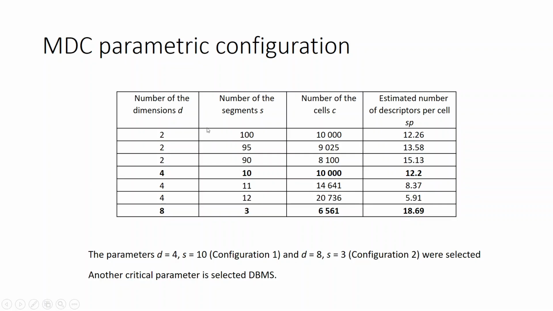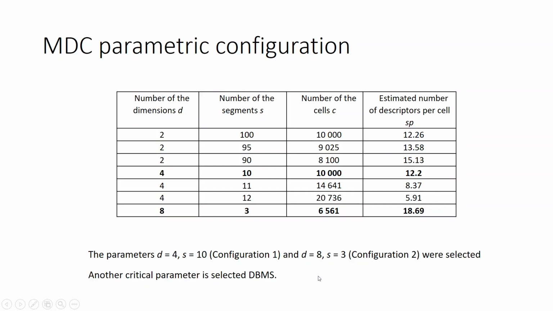This is done programmatically, so the expert only needs to choose the value from this column. For these experiments we chose two configurations, as you can see here, and another critical parameter is the database management system, because MDC is located in the database.